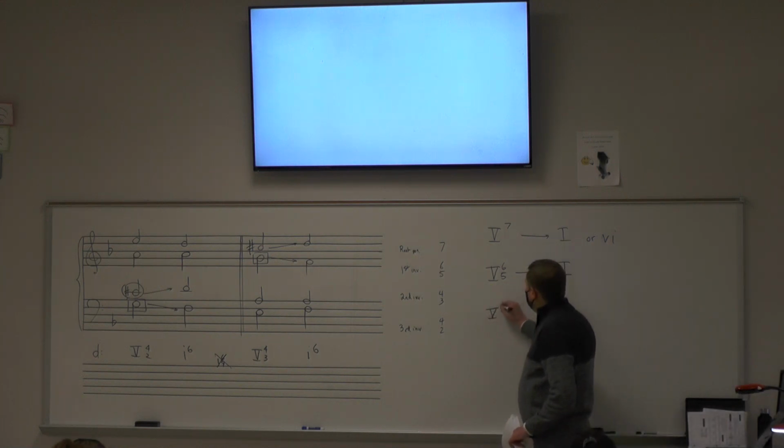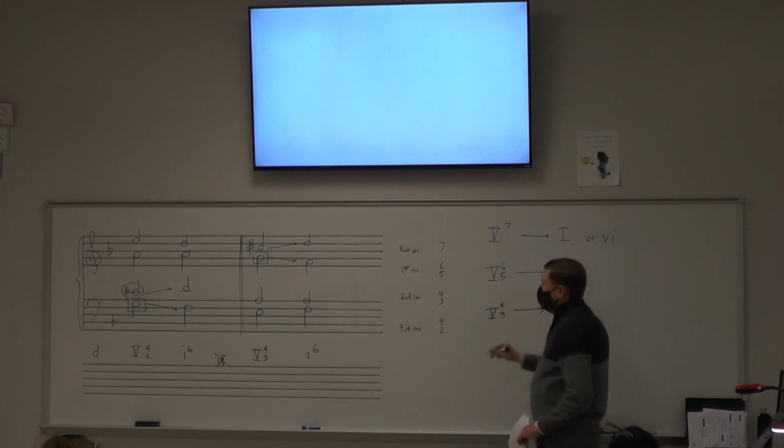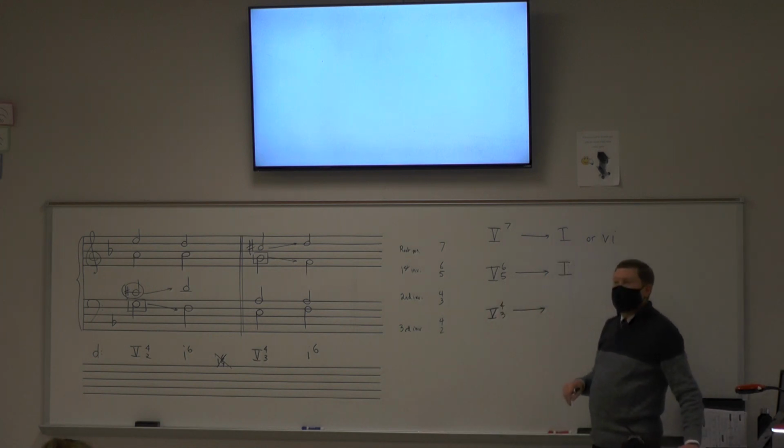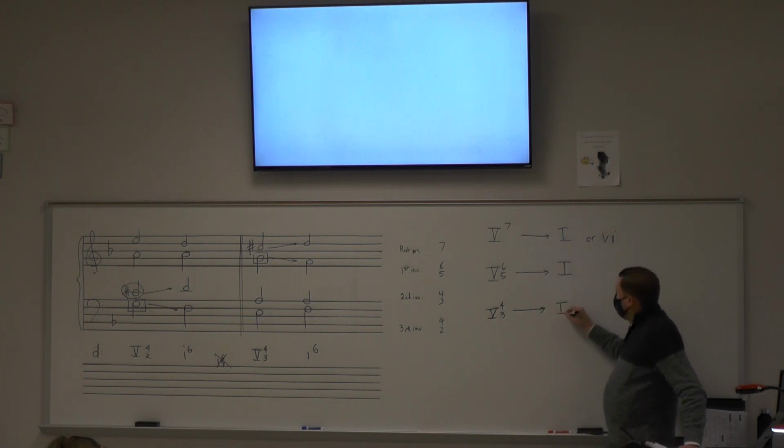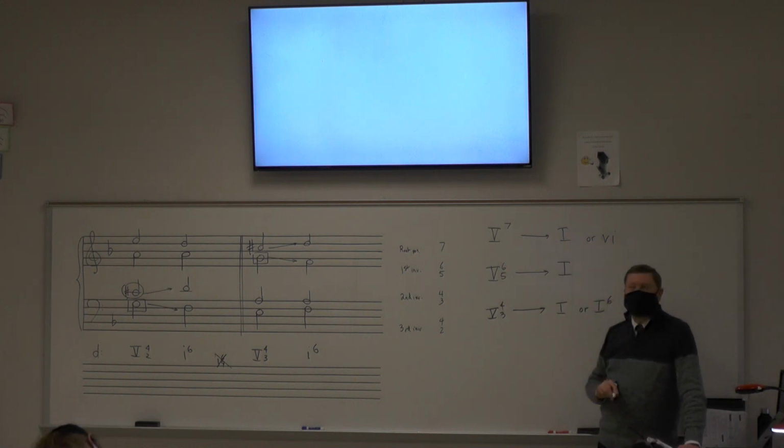What about this inversion of 5-7, 4-3? I have one of them still there. The 4-3 can go either to root position 1 or the first inversion 1, because the tendency tones are more up above, not down in the bottom area.